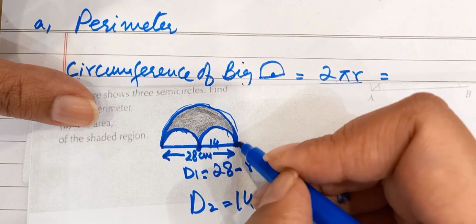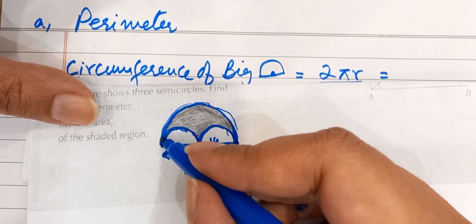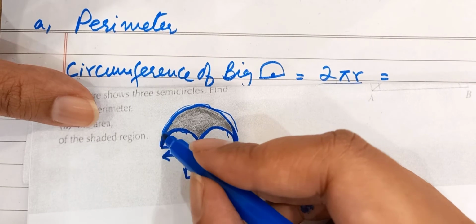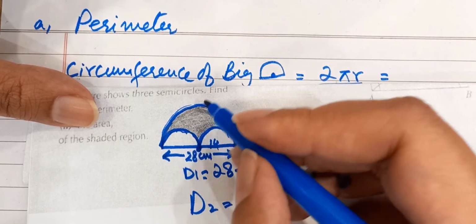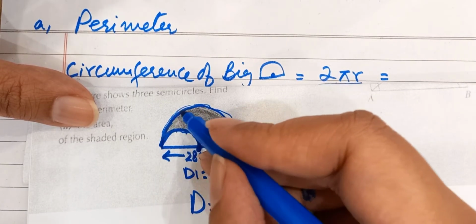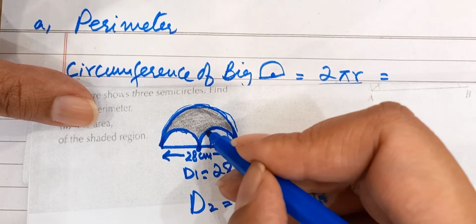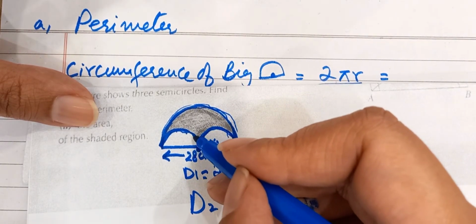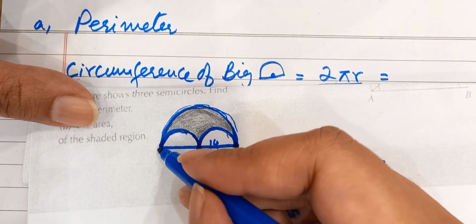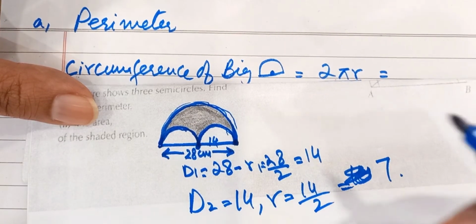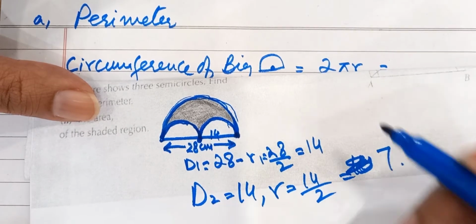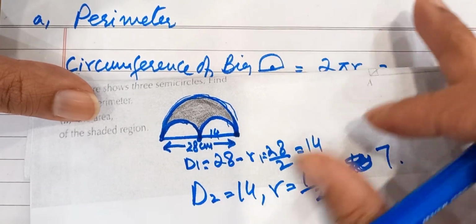The perimeter of a circular part is called the circumference. So I am going to add the circumference of the big semicircle, plus the circumference of this small semicircle, plus the circumference of this small semicircle. When I add them together, I'll get the perimeter of the shape.